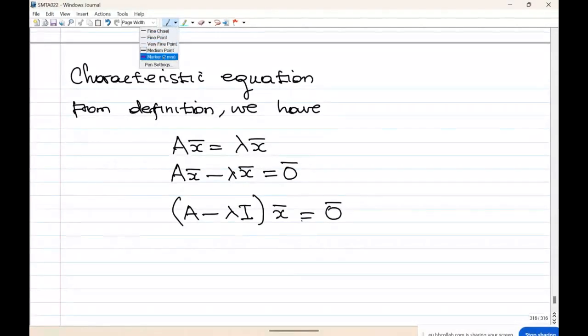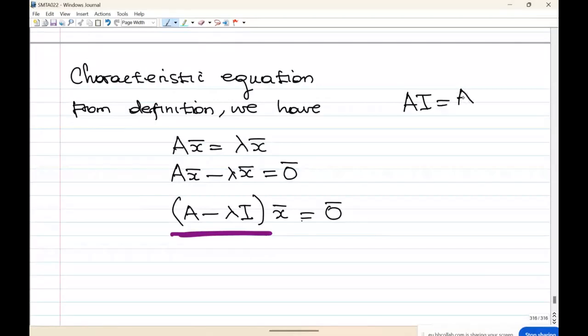On Wednesday, you were using this when you dealt with the characteristic equation and polynomial. Do you still remember that? Yes. Do you still remember from SMTA022 that if I have A multiplied by this I, the answer will be equal to A? The identity multiplied by that matrix A, the answer will be A. Do you agree? Yes. All right. Thank you very much.